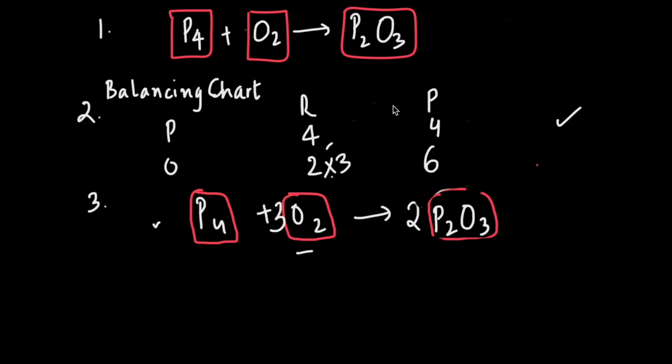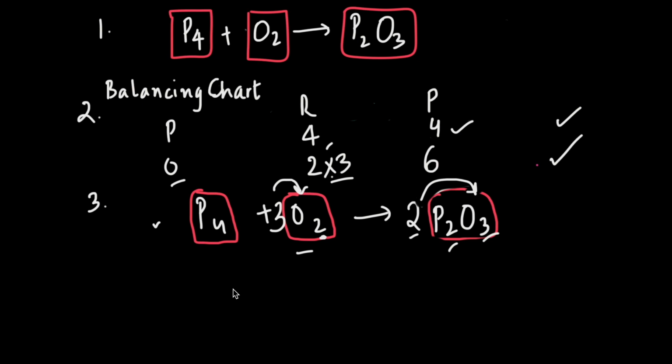Number of atoms on the product side of phosphorus are 2 into 2, 4. Oxygen we have on the reactant side, 2 atoms of oxygen inside the box multiplied by 3 gives us 6 atoms of oxygen on the reactant side and 6 atoms on the product side as well. That means oxygen is also balanced.